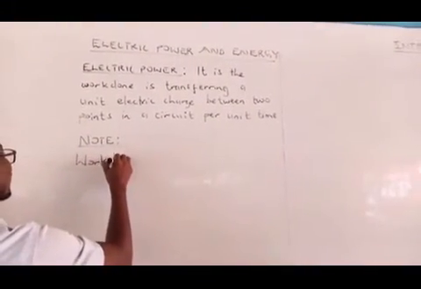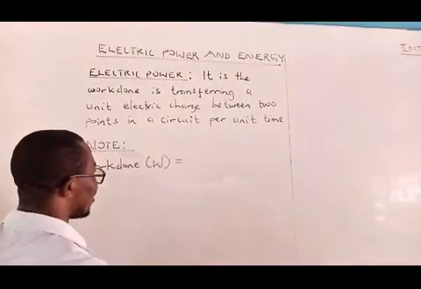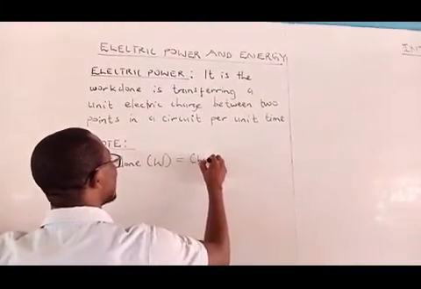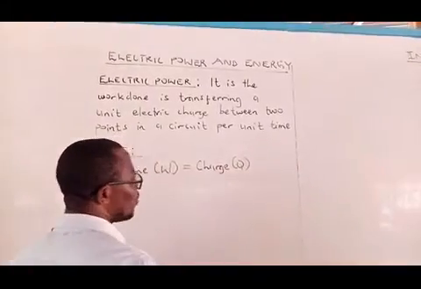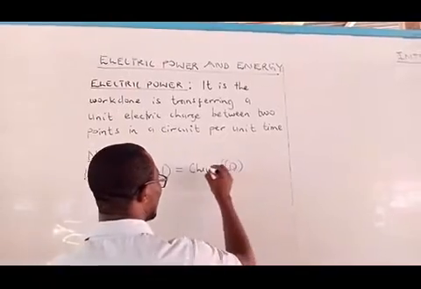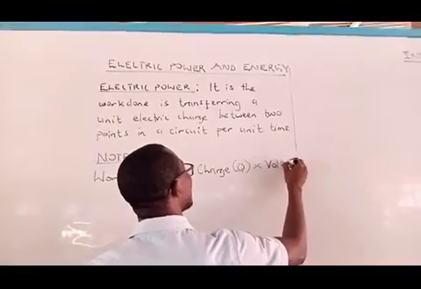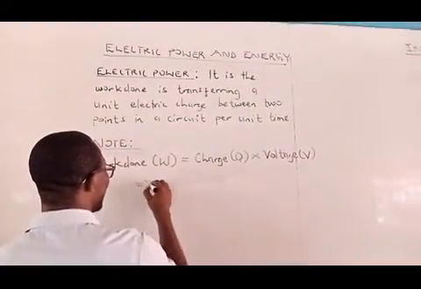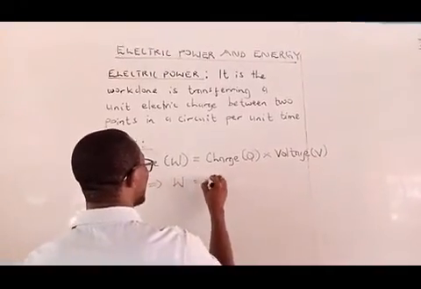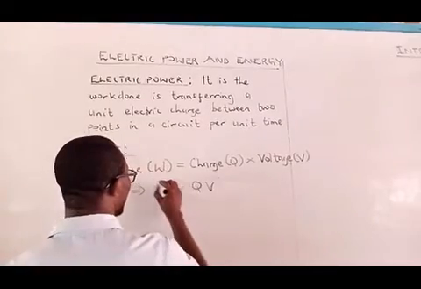Work done, W, is calculated as the electric charge, represented as Q, times voltage, represented by V. So W is equal to QV.